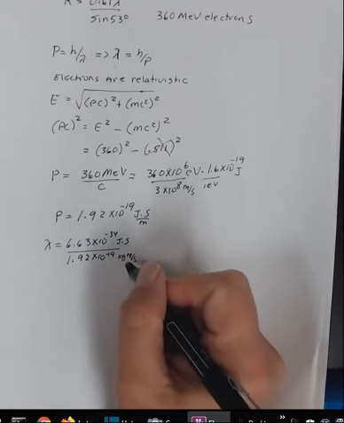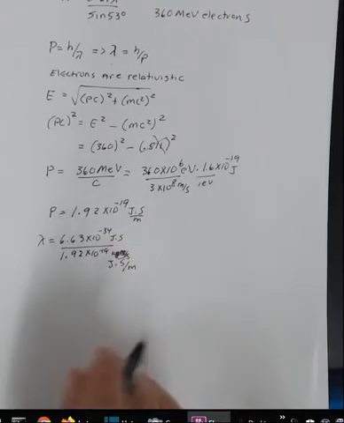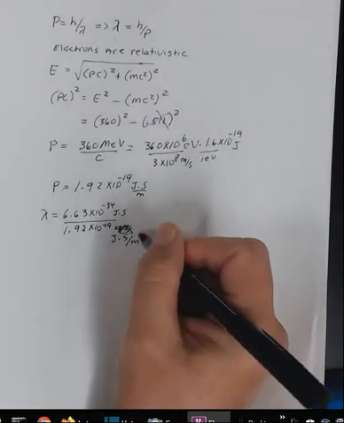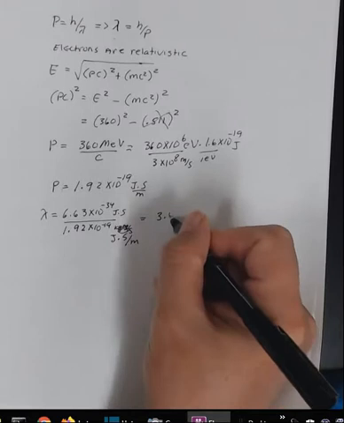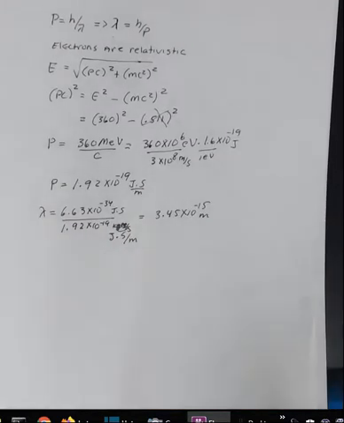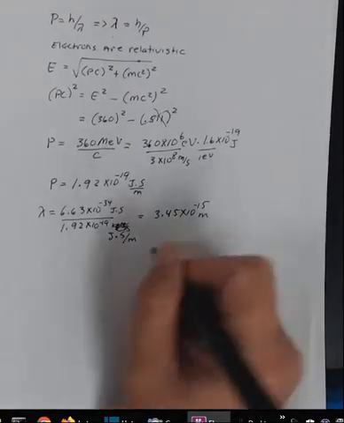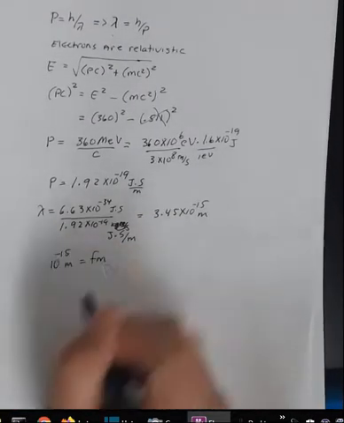Or I could have kept it in joules per second over meters. So you can see the joules and seconds cancel out, and I'll be left with just meters. And this gives me 3.45 times 10 to the negative 15 meters. So that's the wavelength, 3.45 femtometers. 10 to the negative 15 meters is what we call a femtometer.